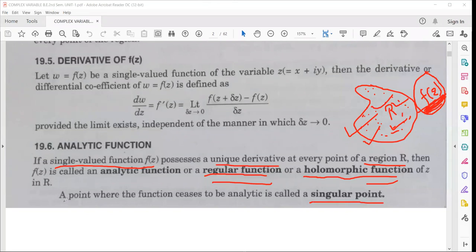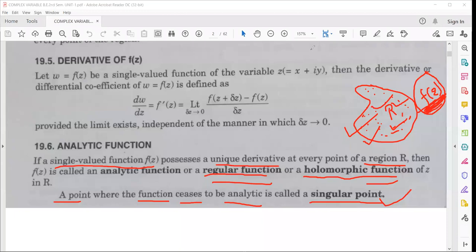So the point where the function ceases to be analytic is called your singular point. It means the point where the derivative of the function does not exist is called your singular point.